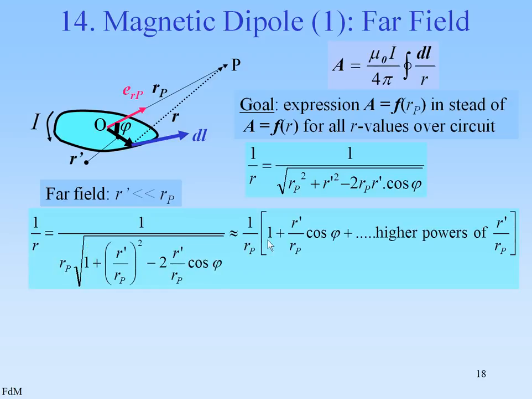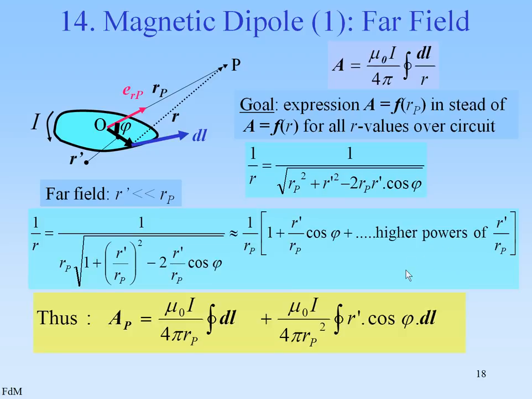It is 1 over Rp times 1 plus the first power of R prime plus higher powers of R prime, and when we do the far field approximation these higher powers can be neglected and we end up with the zero term, and this is called the monopole term, and since this circuit integral is 0, the monopole term is always zero, and we end up with the dipole term here, R prime cosine phi dl.